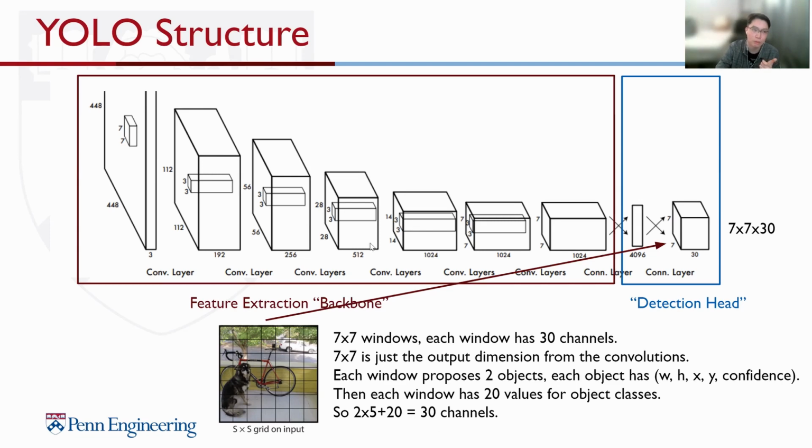The YOLO ground truth is set up so that each window is independent of the other ones. Of course, the information is related to other windows through the convolutions. But for each window in the ground truth, there are 2 bounding boxes and 20 values for classes. That's why it's a total of 30 values.